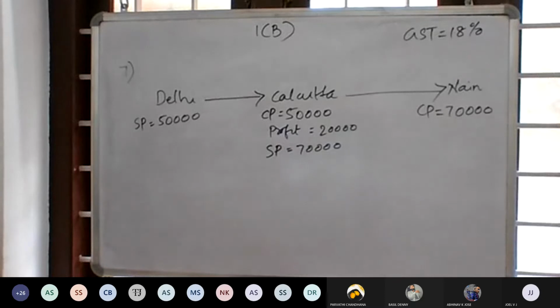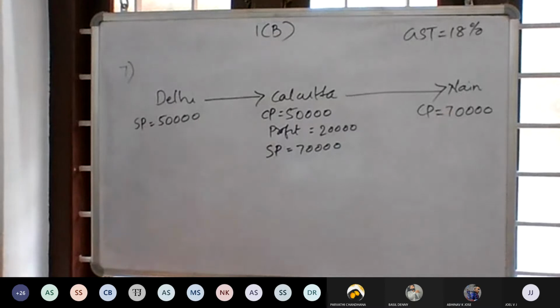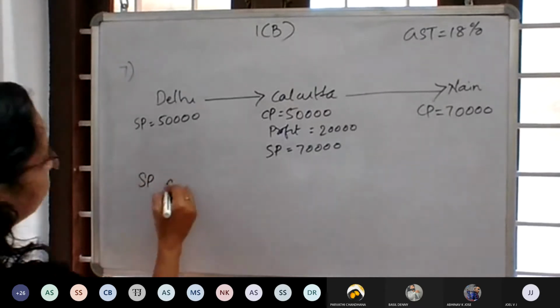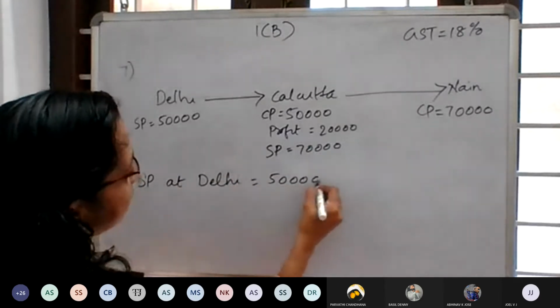Then Delhi to Calcutta. Next step, what do we want to write? SP at Delhi is equal to 50,000.